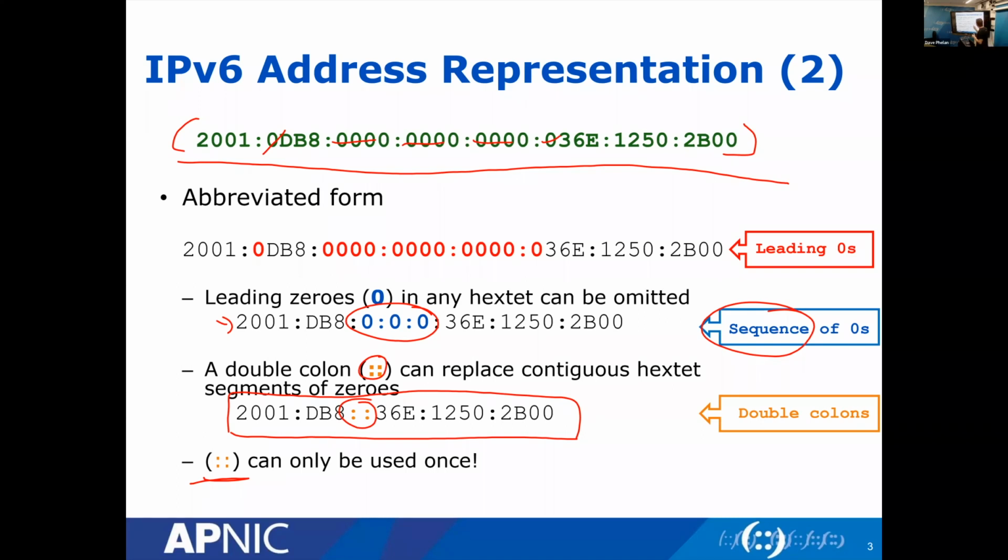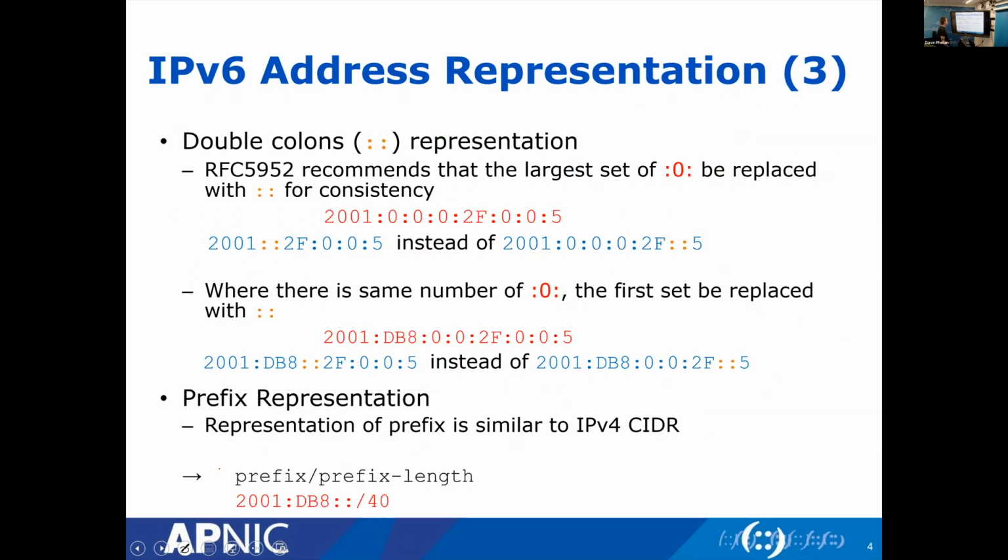So we get from long form down to this short form address. Now I said you can only use this once, so we've got some more rules. RFC 5952 recommends that from a consistency standpoint, if you need to use your double colons, replace the largest set.